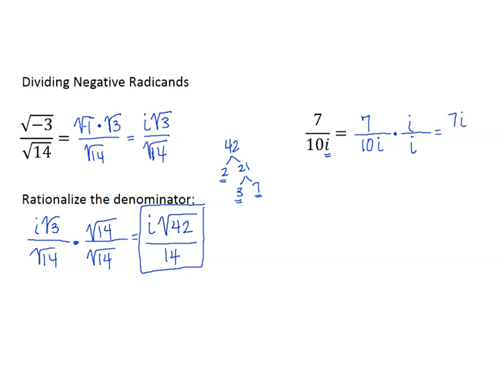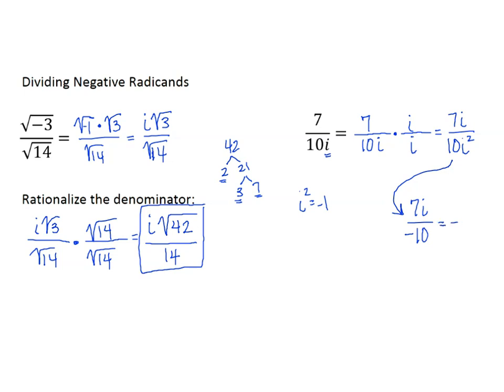I would get 7i on top, and on the bottom I would get 10i squared. Now, we've looked at it a few times already. We know that i squared is equal to -1. So then this will end up being 7i over -10.